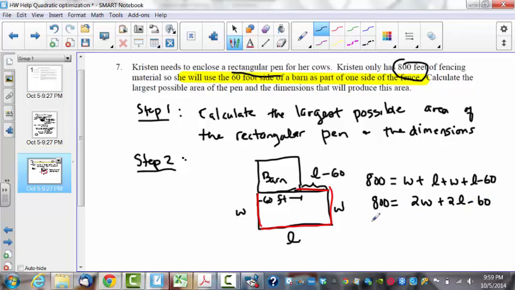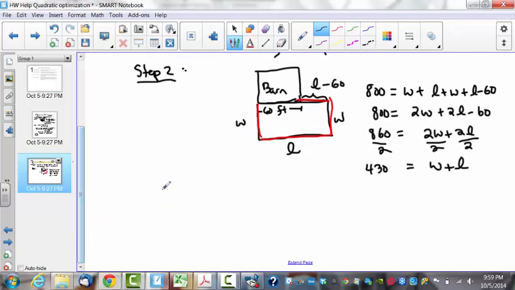Or if we add 60 to both sides, we get 860 equals 2W plus 2L. We can even simplify more by dividing by 2, and we get 430 is equal to W plus L. All right, step 3. Oh, I'm sorry. And then the other equation that we're going to need, the other formula, is of course area equals length times width.